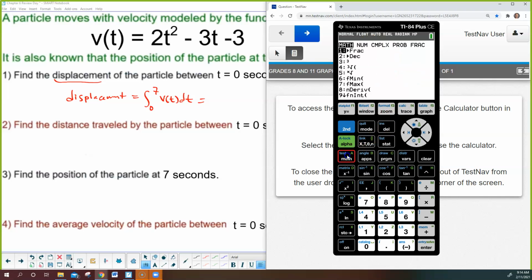Well, I want to go to the math button. I want to select option 9. I'm going to go from 0 to 7. Now here's the thing. Because we put this in y equals, I don't have to retype this. We showed you this before. You can go to the vars button and Y-VARS, that's variables, and select y1. Okay? And there's your answer.